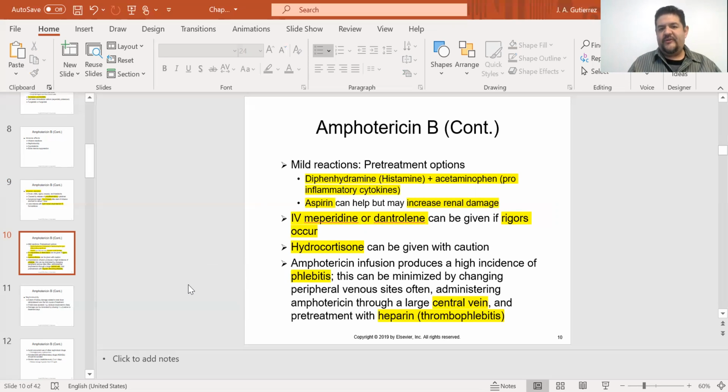So we have to make sure that we understand all the pre-treatment that we need to do before amphotericin B. So we already mentioned histamine blockers and acetaminophen, to make it a mild event if the patient has an infusion reaction, and heparin to prevent the formation of blood clots in those central veins.